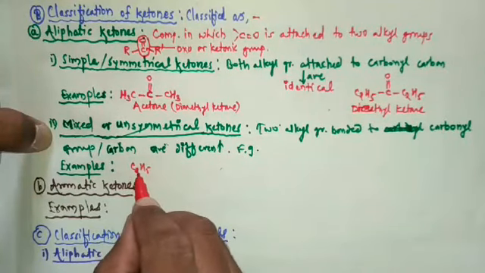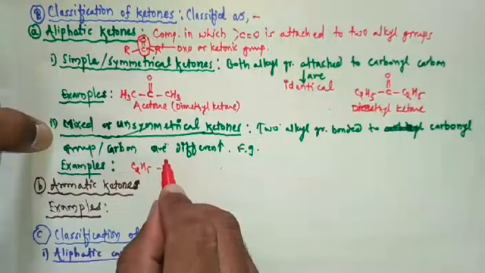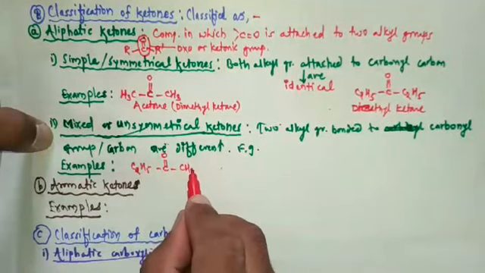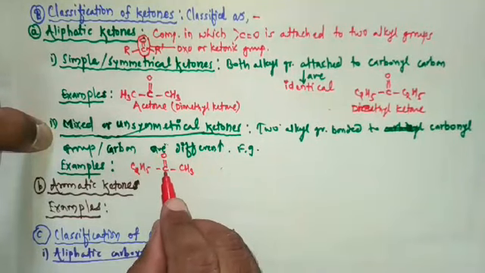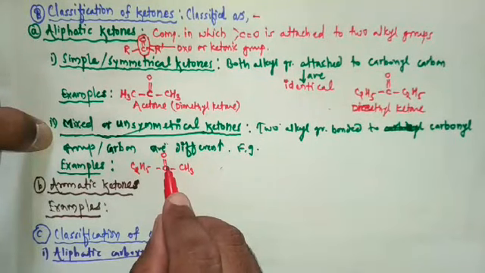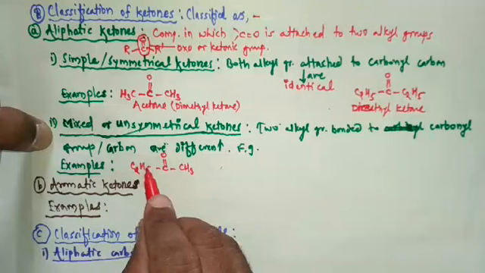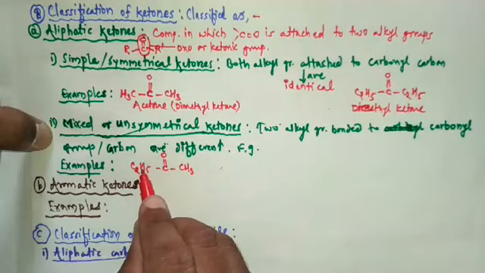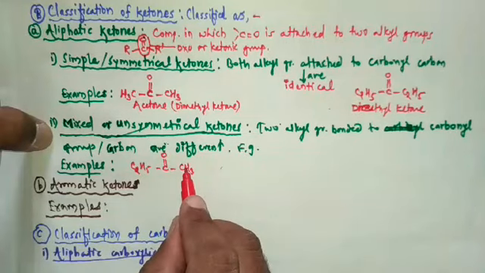For example, take this example. C2H5, C double bond O, and CH3. To this carbonyl carbon, two different alkyl groups are attached. On this side there is an ethyl group, and on this side there is a CH3 group.